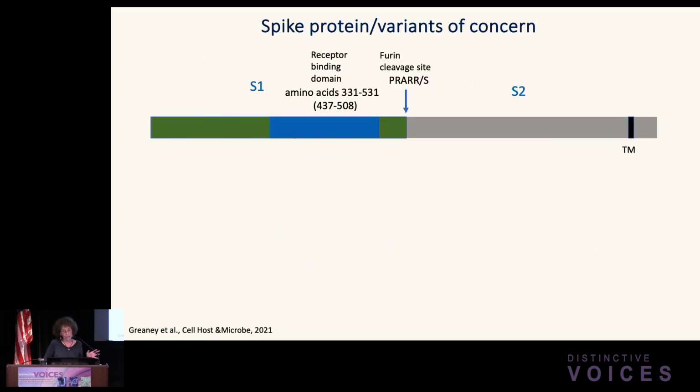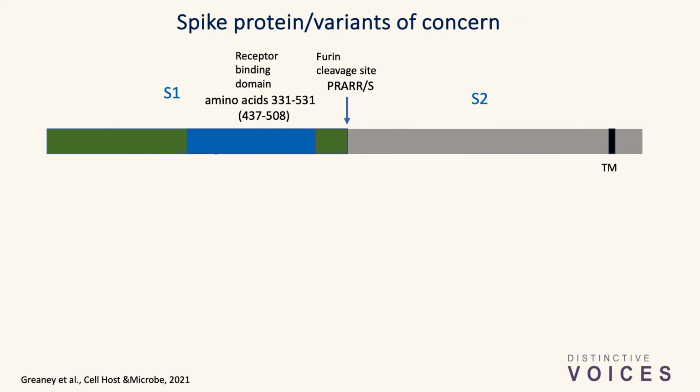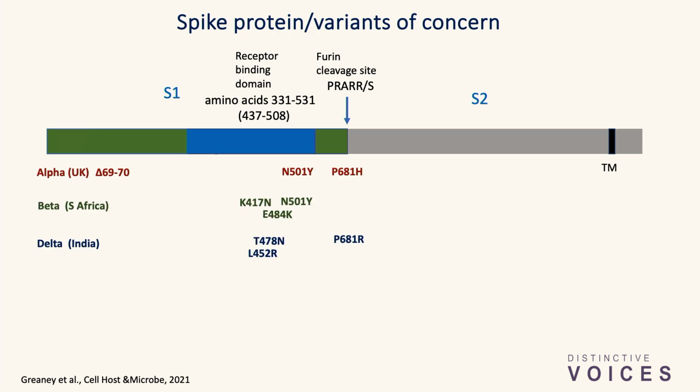And I just want to talk a little bit about what makes them of concern. So here's the spike protein again, and most of the focus in the variants is on the spike protein, where most of the evolution happens. So here are the alpha, beta, delta, and Omicron variants, and they have mutations in really similar places.